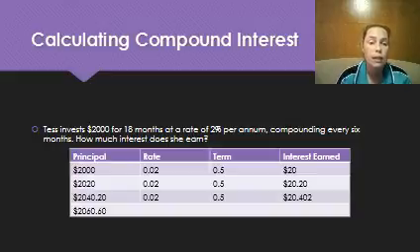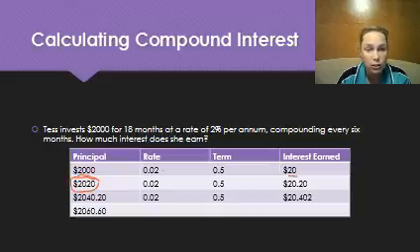So what we have here is our initial principal of $2,000. It's multiplied by a rate of 0.02 for a term of 6 months, so our interest earned will be $20. We then add the original $2,000 and the interest earned to get our new principal of $2,020.